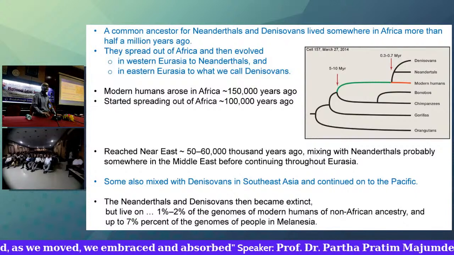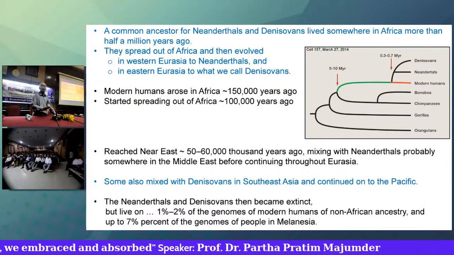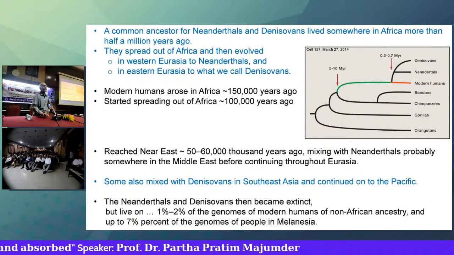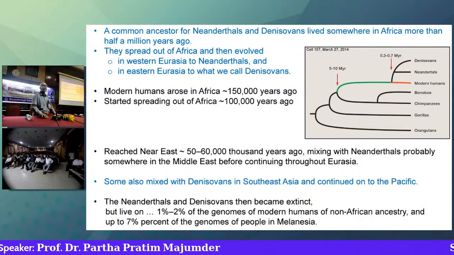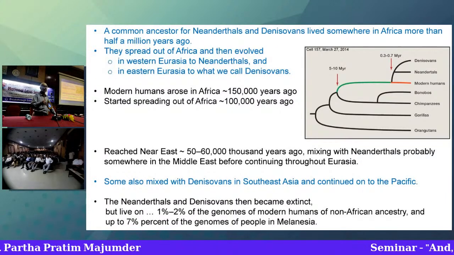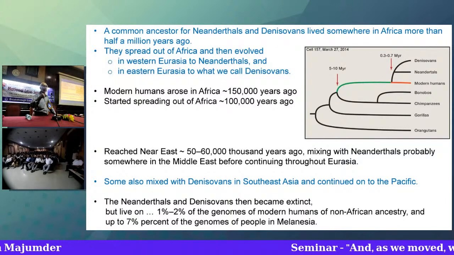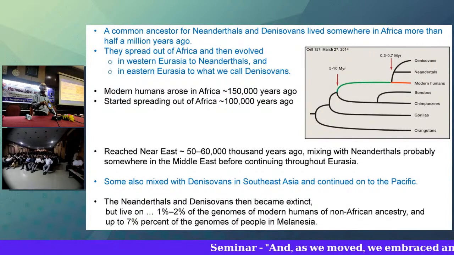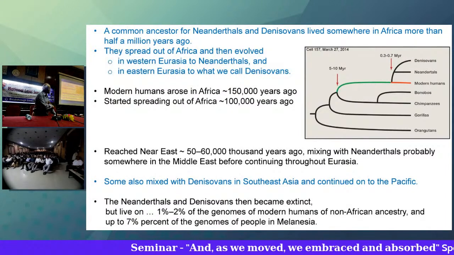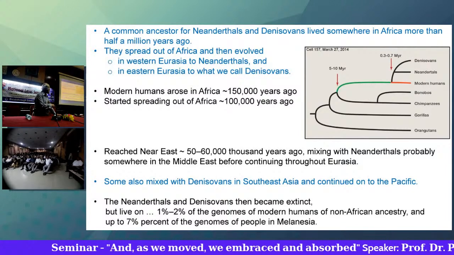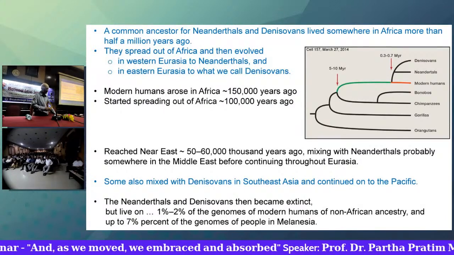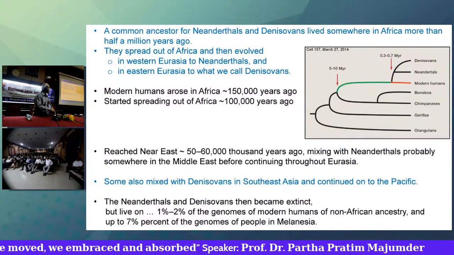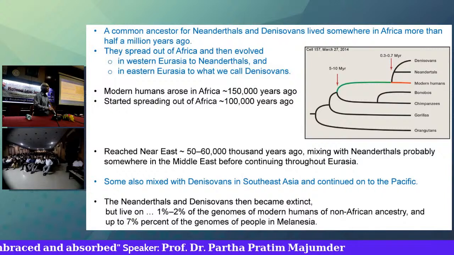And then these three species lived in the same geographical region. One of the things that they probably did was to interbreed, as a result of which Neanderthal genomes came into human genomes, because we do find Neanderthal genetic signatures in the human genome. The extent of admixture was about 1 to 2% in modern humans of non-African ancestry, and about 7% in people in Melanesia.